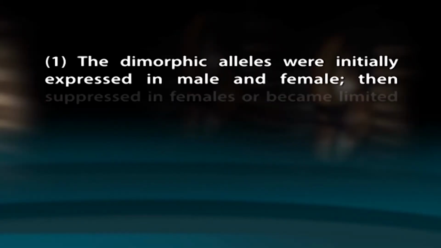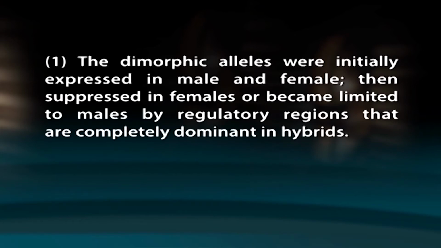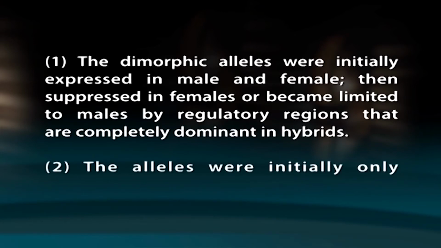Two interpretations are possible. One, the dimorphic alleles were initially expressed in male and female, then suppressed in females or became limited to males by regulatory regions that are completely dominant in hybrids. Two, the alleles were initially only expressed in males.